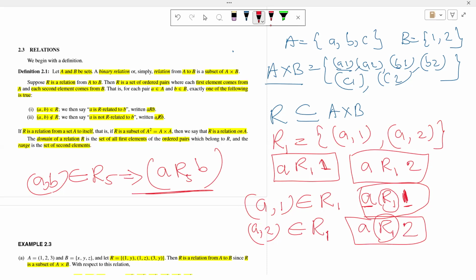Now I am telling you B comma A does not belong to the relation R6.